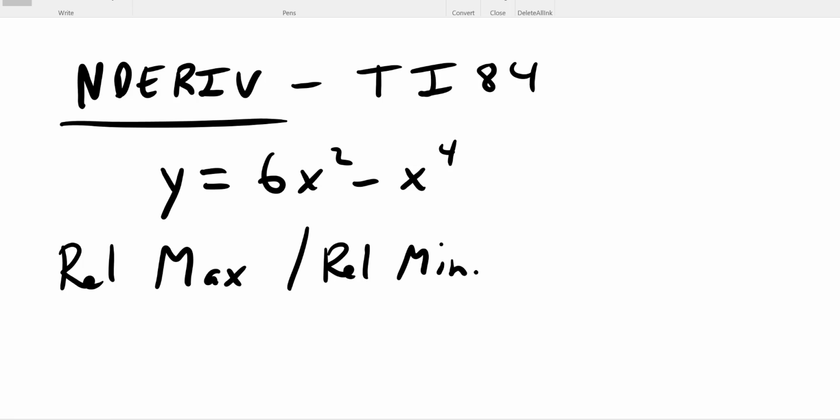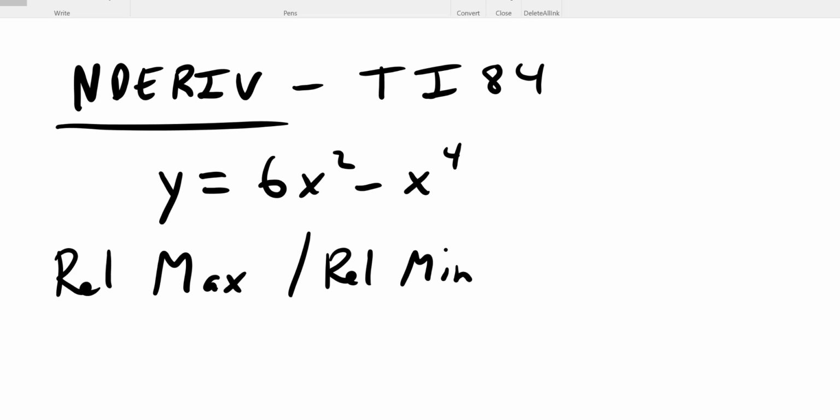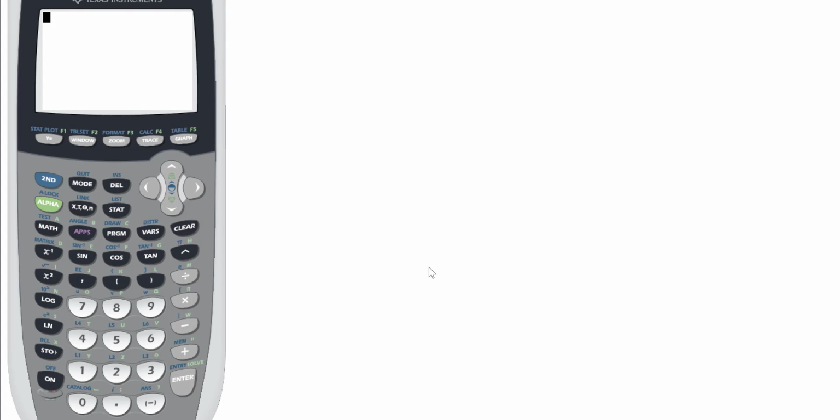As opposed to getting a graph and finding the max and min using the max and min function on the graphing calculator, I want to actually utilize nderiv to find the derivative and then investigate what's going on with that derivative. So I have a nice little virtual TI here that I'm going to bring up, and we are just going to do some work.